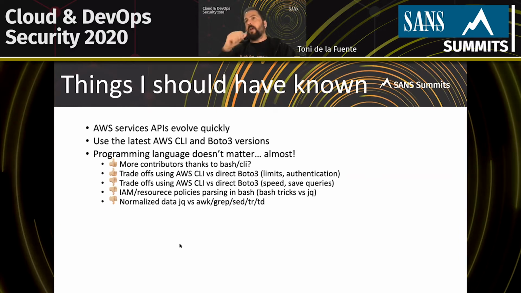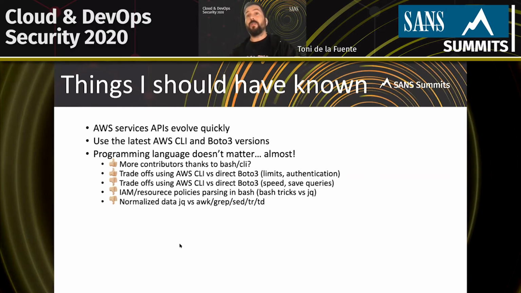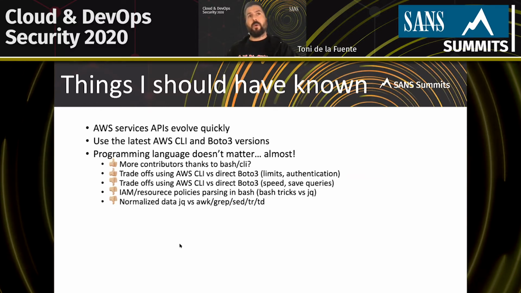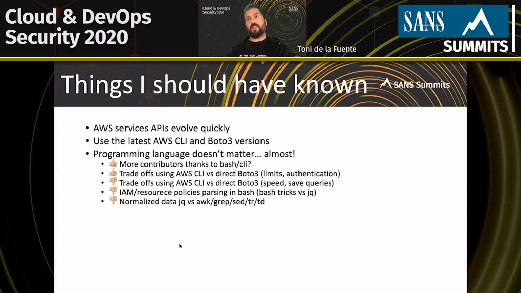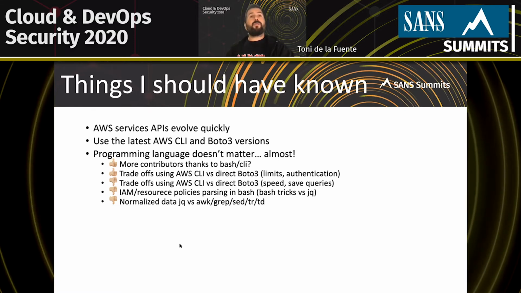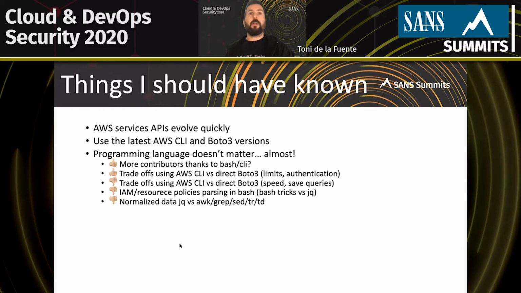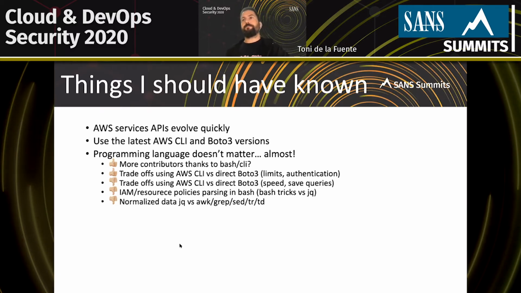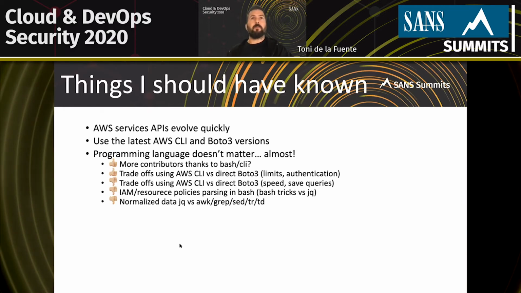And it was also very good in terms of authentication, because wherever you can authenticate the CLI, which is pretty much all the ways we authenticate with the API nowadays, is going to work out of the box in Prowler. So that was a good decision, I think. Of course, with Boto 3 it is kind of similar, but it has some other peculiarities.